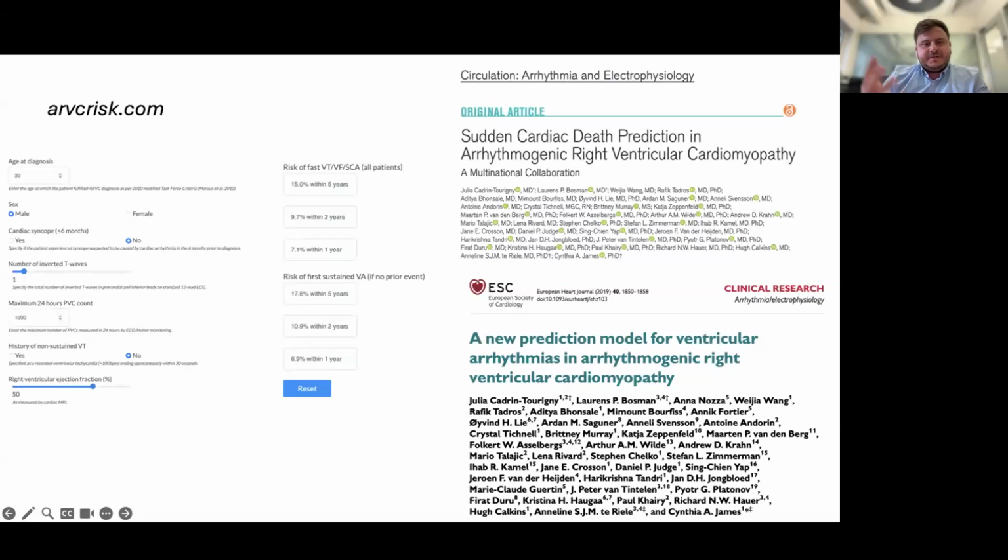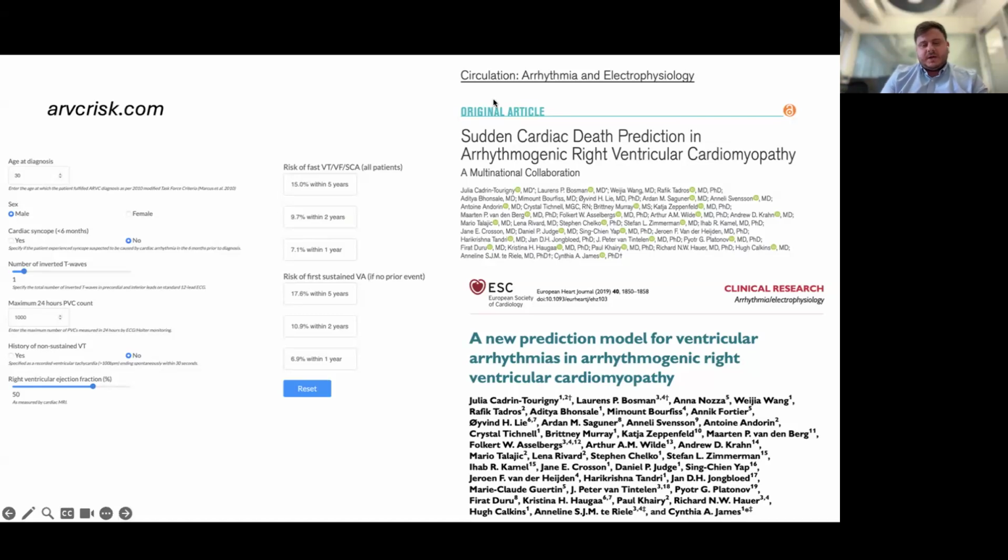And here I have some slides just as an example of calculators. We have the ARVC risk calculator that I have been involved in trying to validate. Essentially, the idea is that you have a multivariable model that has been created, and then you're able to provide information for your patient on all those variables, and it will give you an estimation of whatever the outcome is.